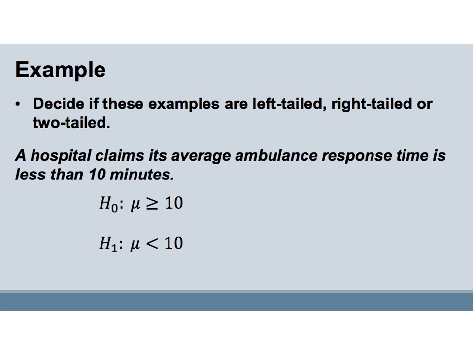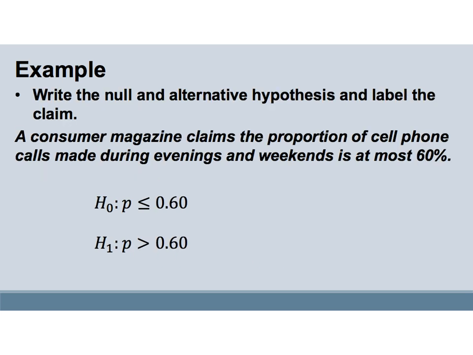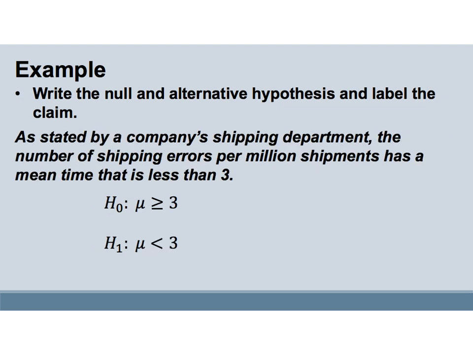Okay, so you don't have to worry too much about any of that, except that you look at the alternative and it'll tell you whether it's left-tailed, right-tailed, or two-tailed. So on this one, the alternative is less than, so that makes it left-tailed. This one is greater than, so that makes it right-tailed. So try that one.